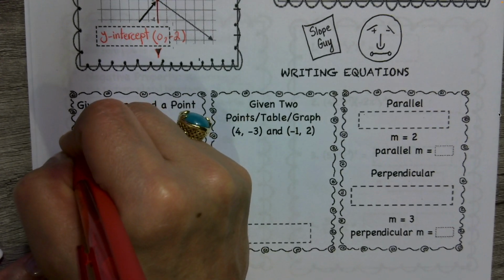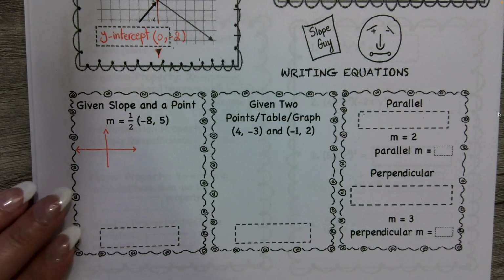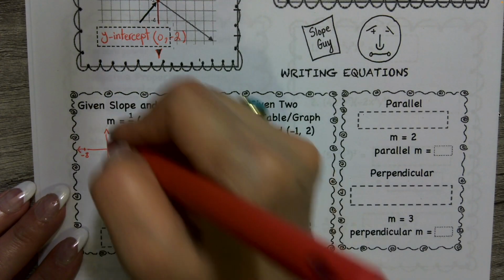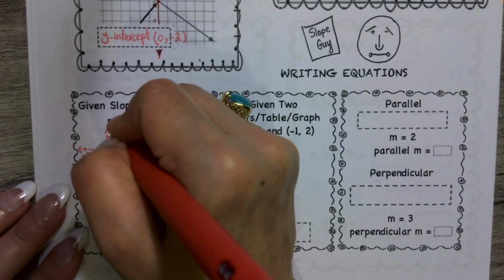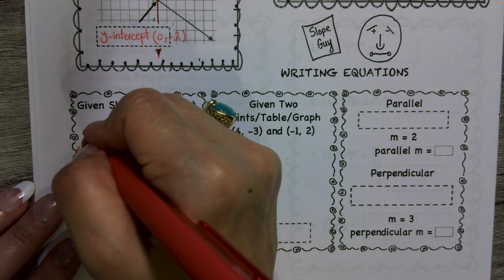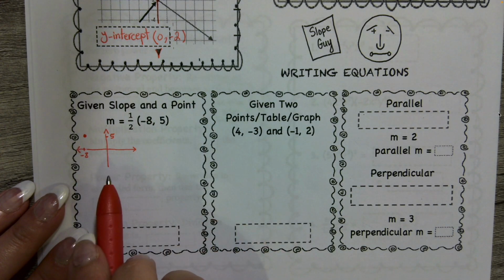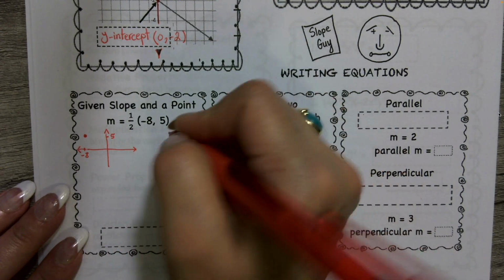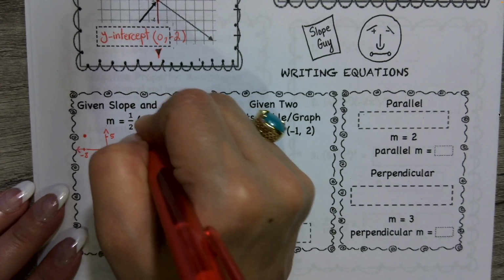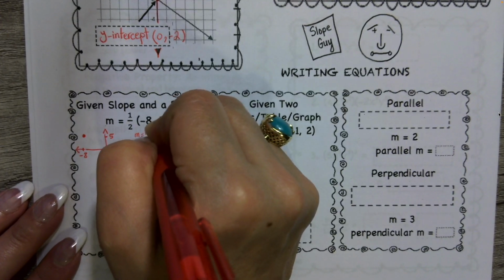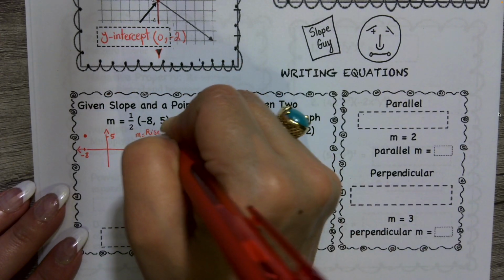Let's assume that this is our -8, and then that's our 5. So the point is somewhere around here, -8 and 5. Then we know that m is rise over run, and it's 1/2.